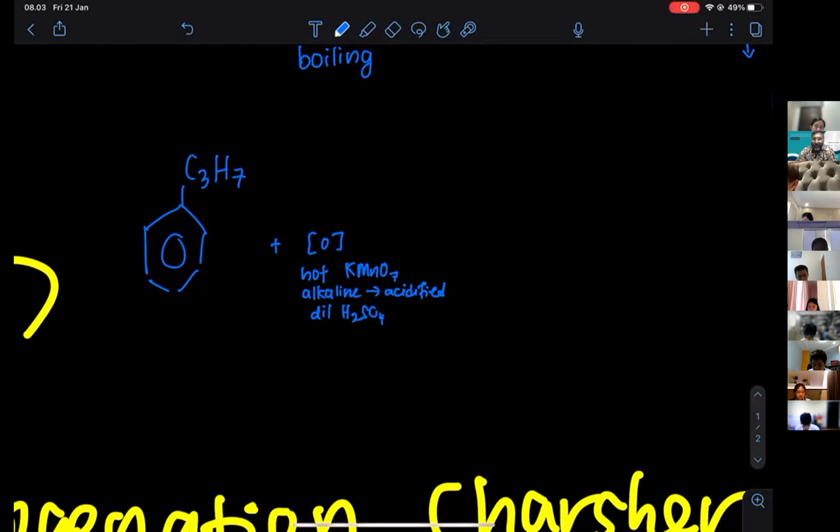So it's going to be slightly different. Whatever it is, they are going to give you benzoic acid, COOH.